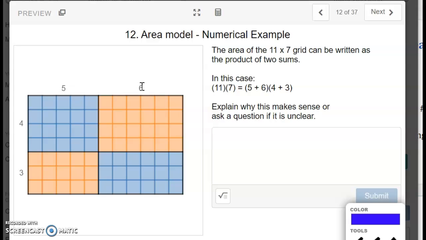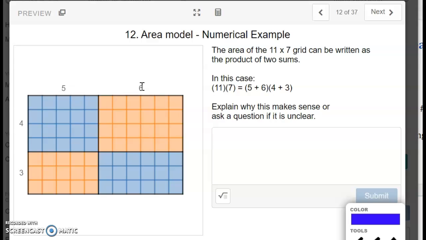The length of 11 can be split up as 5 plus 6, and that's what's in the parentheses. And 4 plus 3 is the width, and that's what's in the parentheses here.